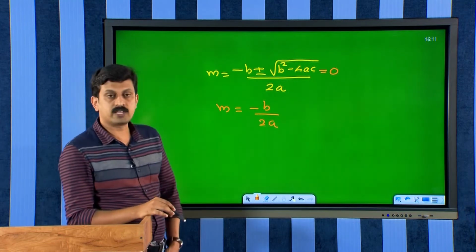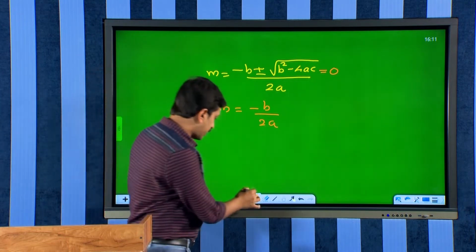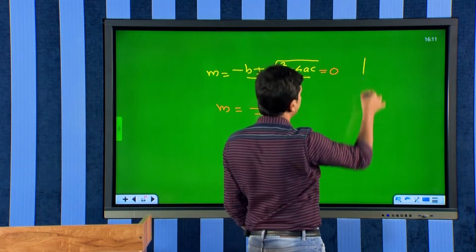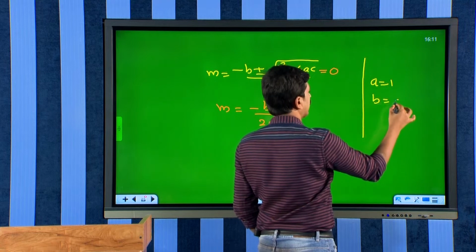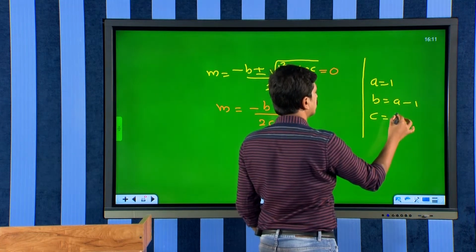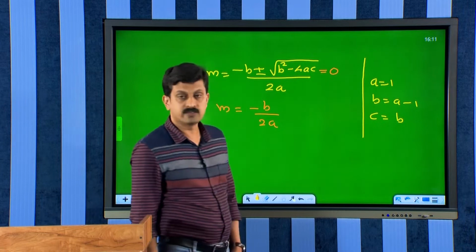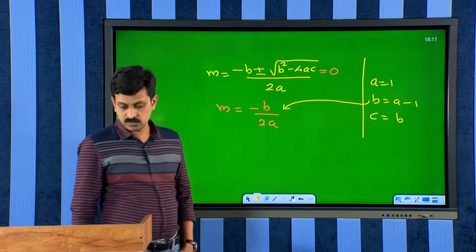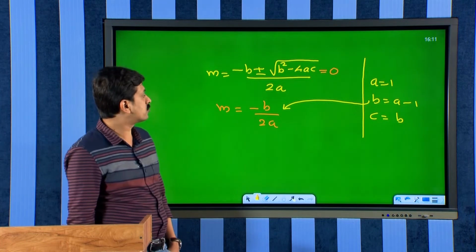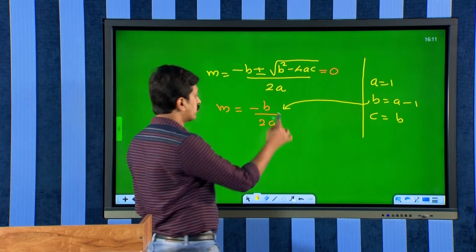For this equation, a is equal to 1, b is equal to a minus 1, c is equal to b. So minus b gives 1 minus a, and a is equal to 1.